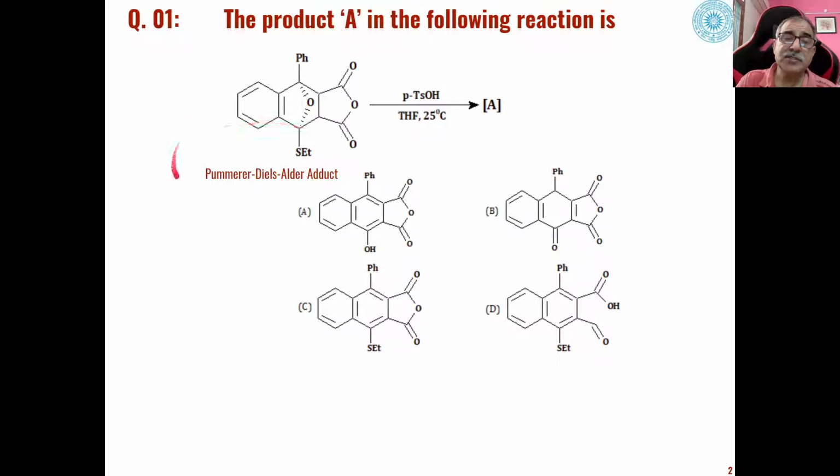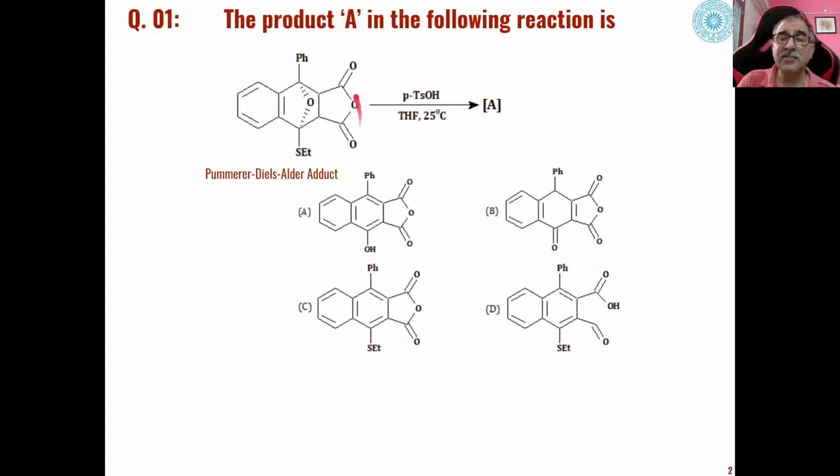The first problem is based on this fumarate Diels-Alder adduct, which is acting as a substrate, which itself has been formed from the Diels-Alder reaction of maleic anhydride and this type of sulfoxide.